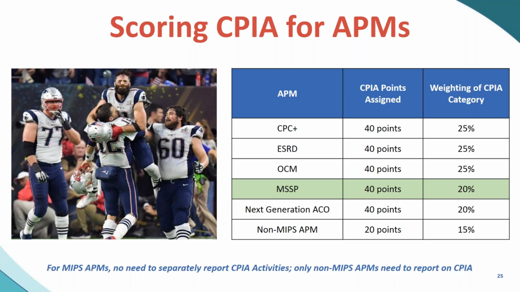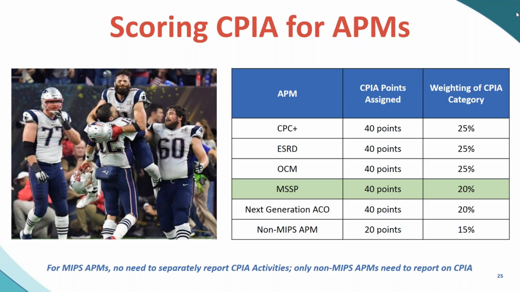Now, this is going to require that you formalize the activity. You have documentation to back it up because we all know there will be audits. And keep in mind, the one thing we need to point out about CPIA is that you are receiving the points for being part of the ACO, but for any other CPIA activity, you have to show that you have participated for at least 3 months in 2017 in order to claim it.